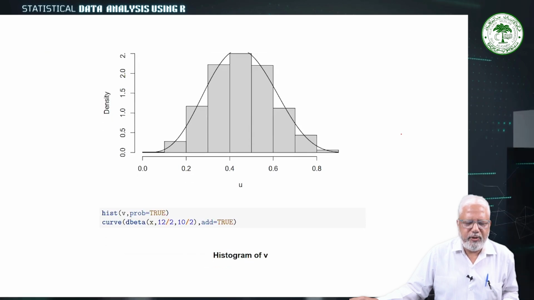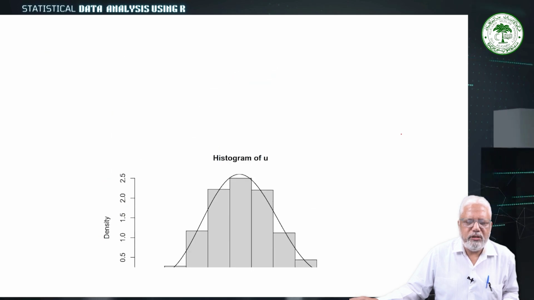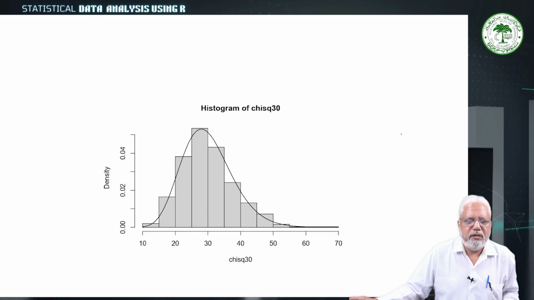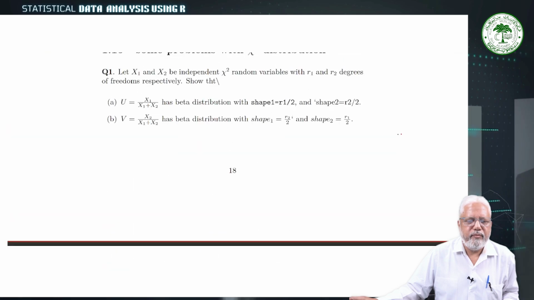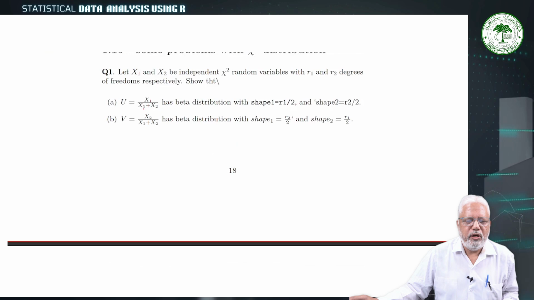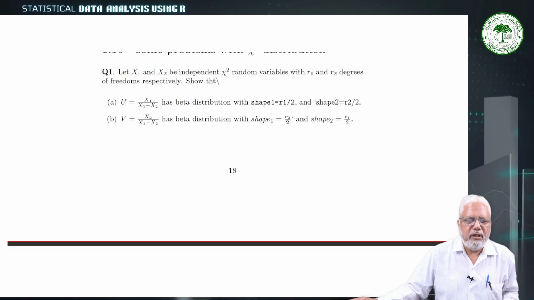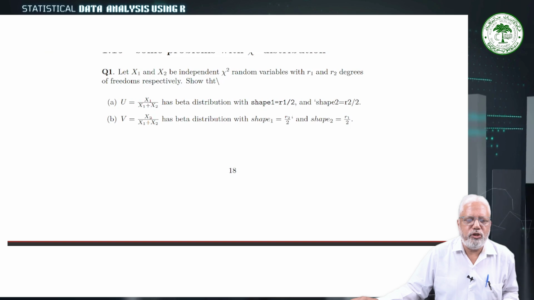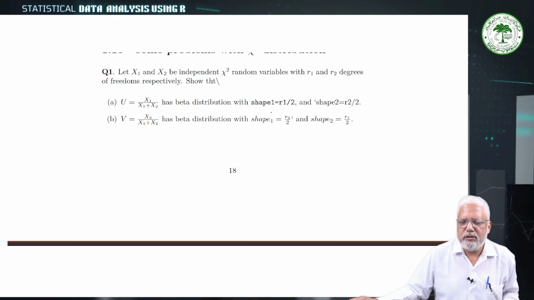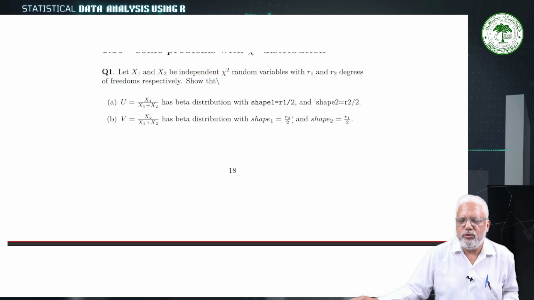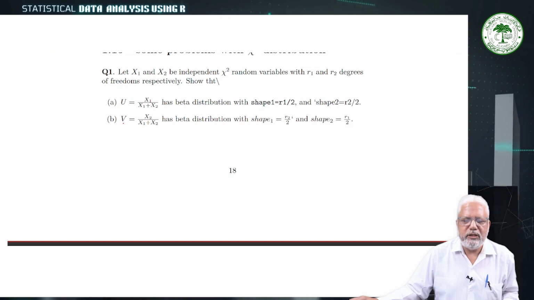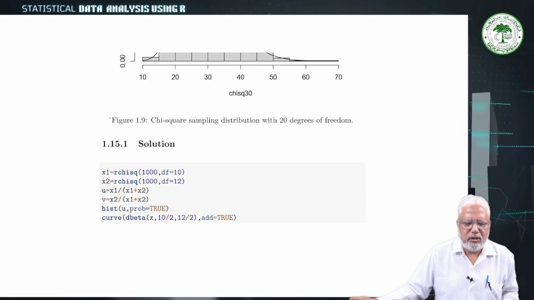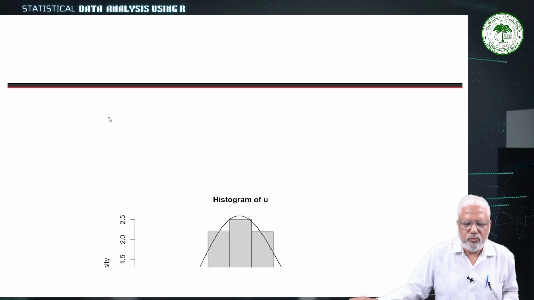Now what happens about V? V is equal to X2. X2 is in the numerator. Here X1 was in the numerator. So when X2 goes in the numerator, shape 1 is equal to R2 by 2 and R1 by 2 is the second shape. So this is the shape parameter change.